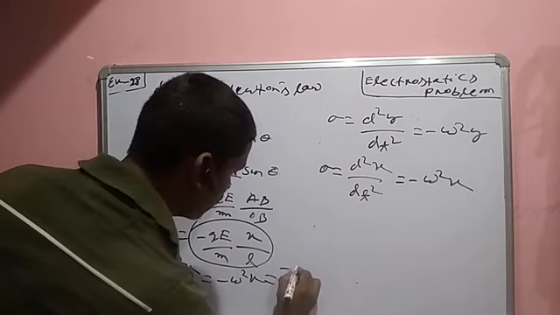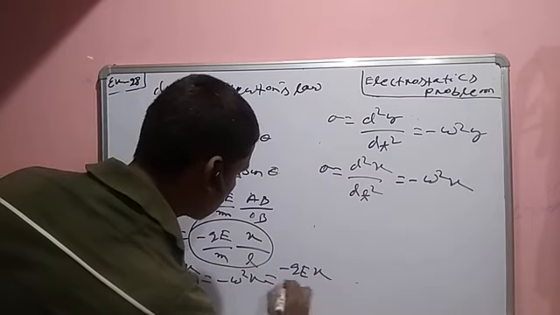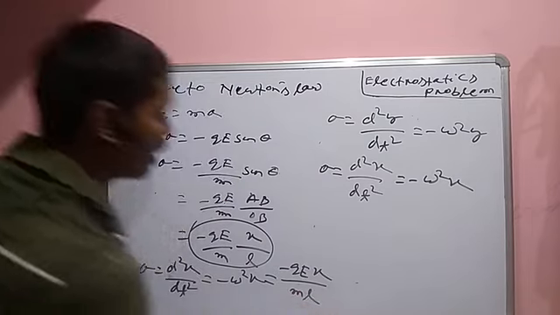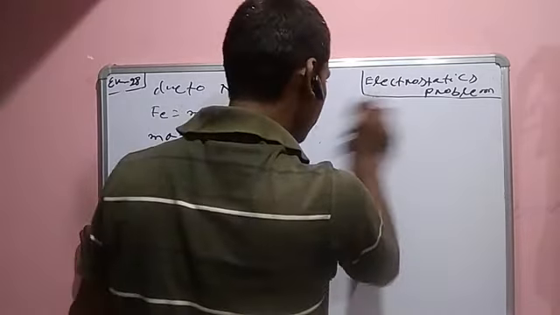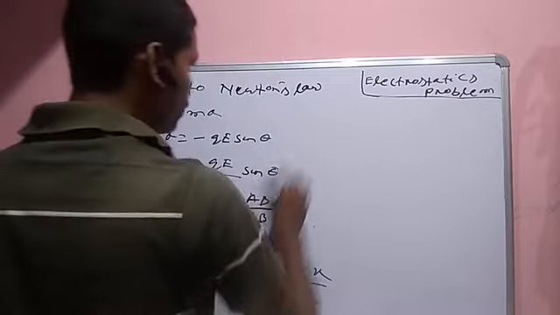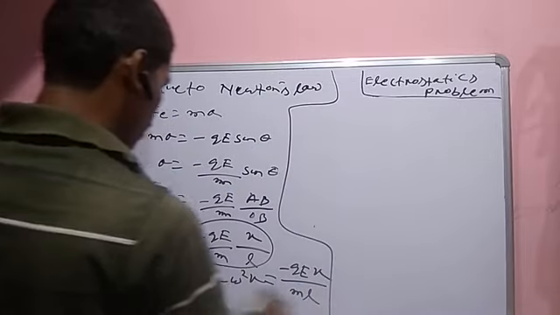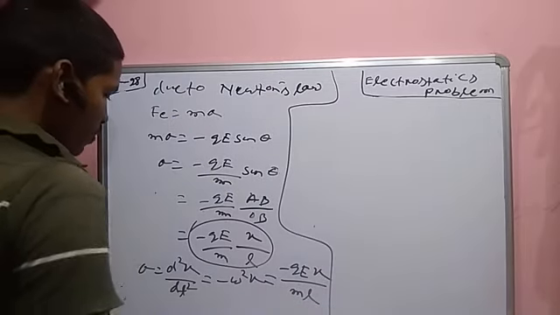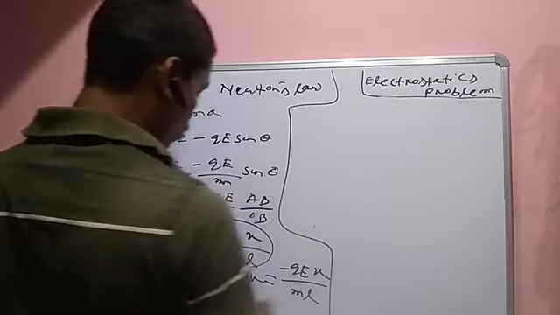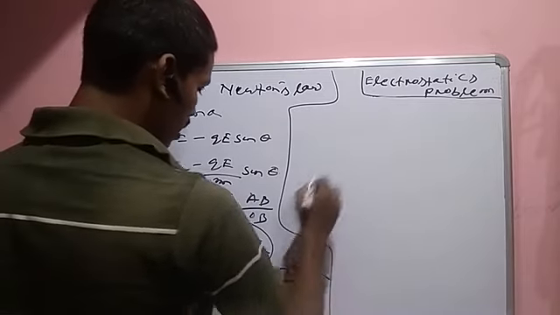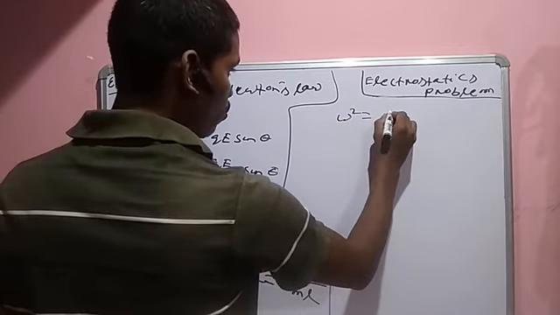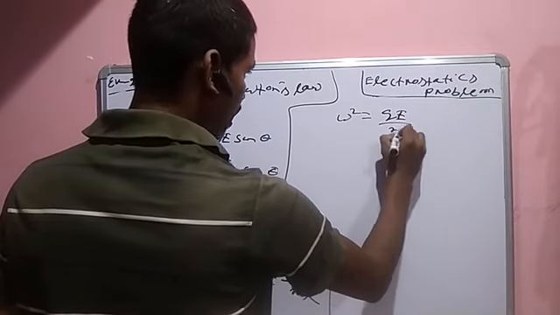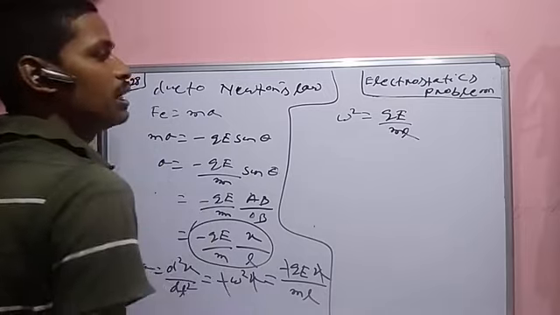What? Minus QE x by ml. So finally write down omega square is equal to QE by ml, x cancels.